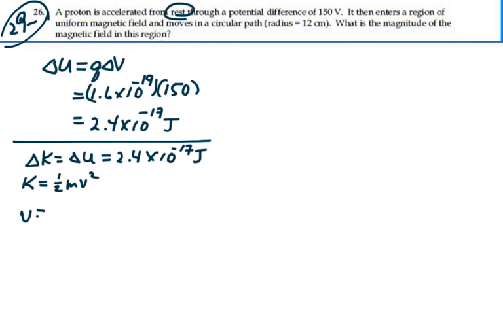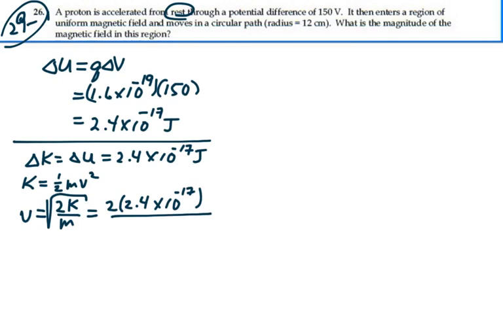So our velocity will be equal to the square root of 2 times the kinetic energy divided by the mass. That's 2 times our final kinetic energy, 2.4 times 10 to the minus 17 joules, over the mass of a proton, 1.67 times 10 to the minus 27.